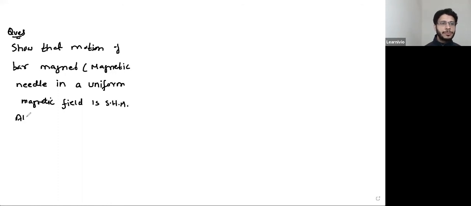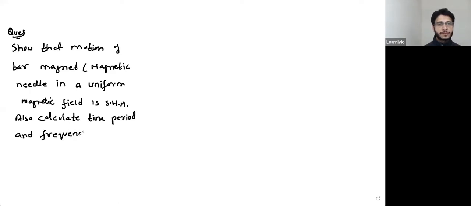Also calculate time period and frequency. So you have to show that motion of a magnetic dipole in a uniform magnetic field is SHM, and you also have to calculate the time period and frequency.